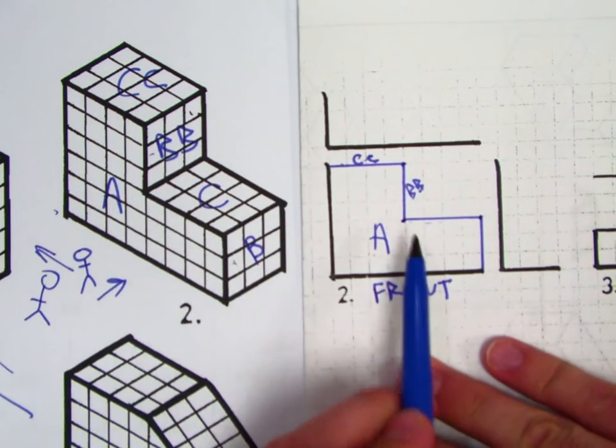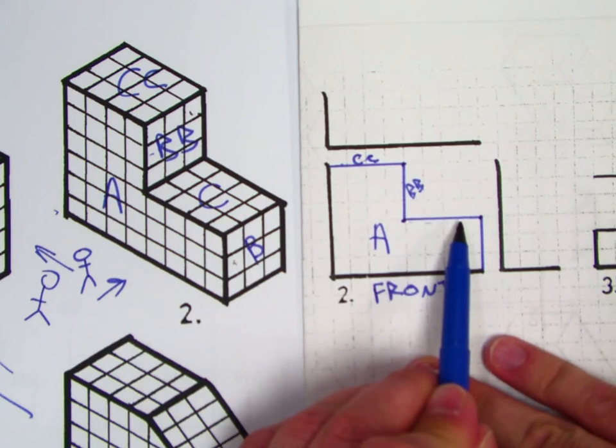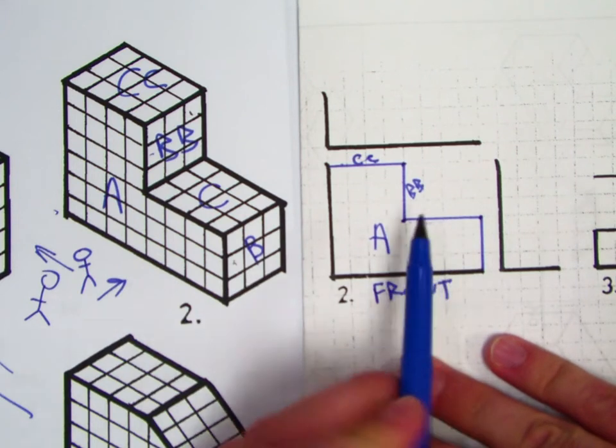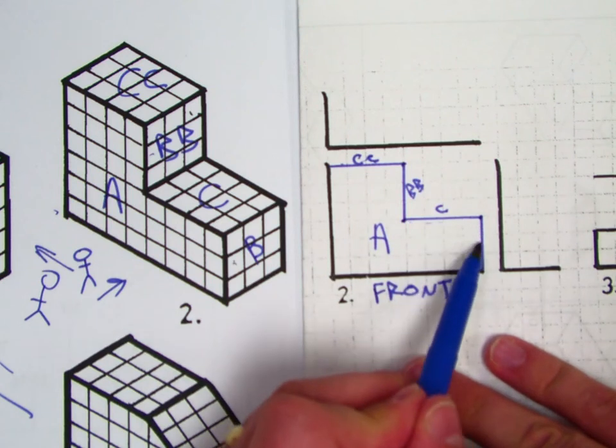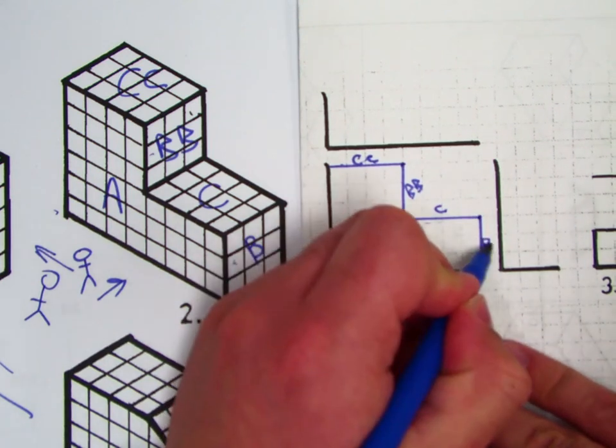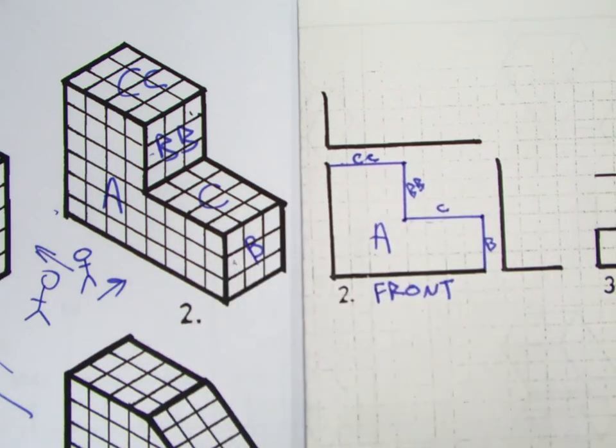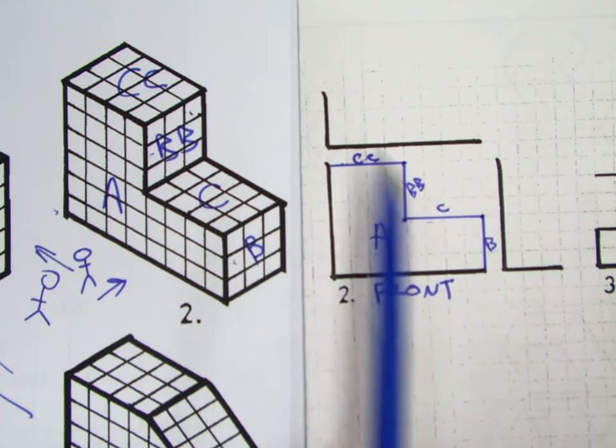This line here is the same as this line here. From the front view, that line represents the edge of plane C. This line represents the edge of plane B. Let's go now to the top view.